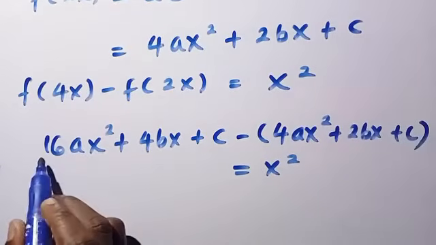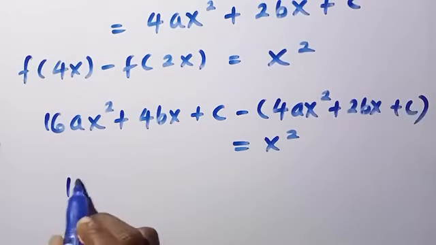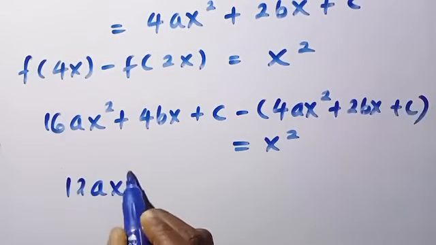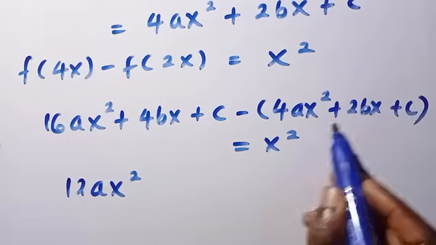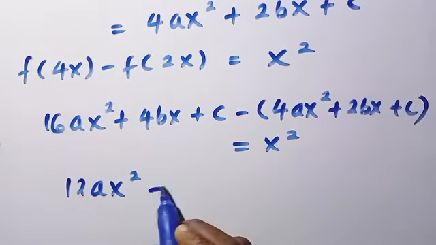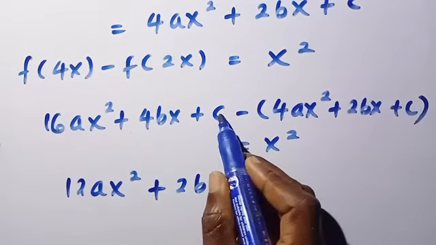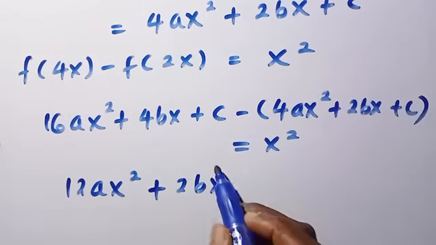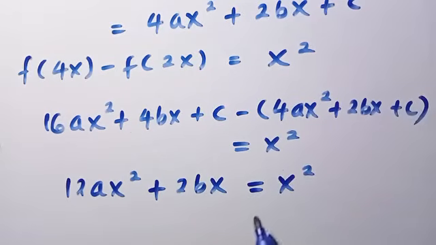By combining, 16ax squared minus 4ax squared gives us 12ax squared. Then 4bx minus 2bx gives us 2bx. And c minus c cancels out, and everything equals x squared.